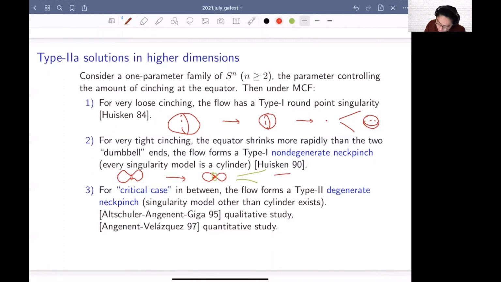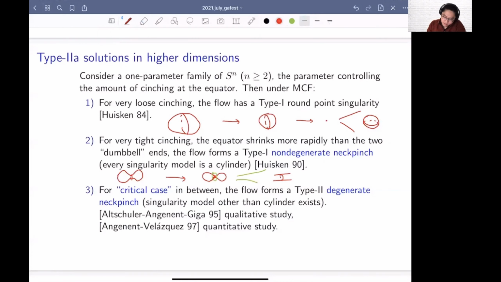We will see a cylinder. And again, this scenario was analyzed by Huisken. Basically, he showed that when you have this kind of neck pinch singularity, the singularity forms at a type I rate, and you blow it up, you always see a cylinder. And it's then called a non-degenerate neck pinch.